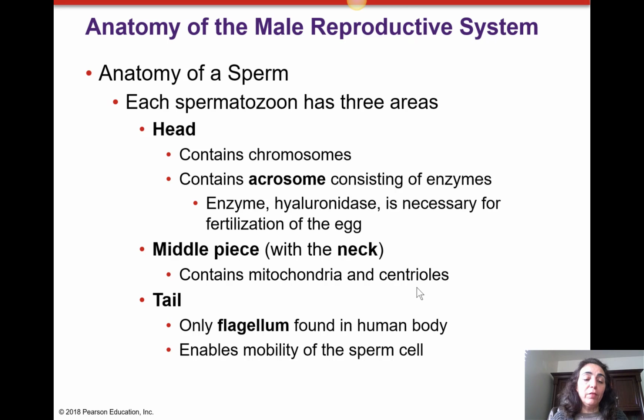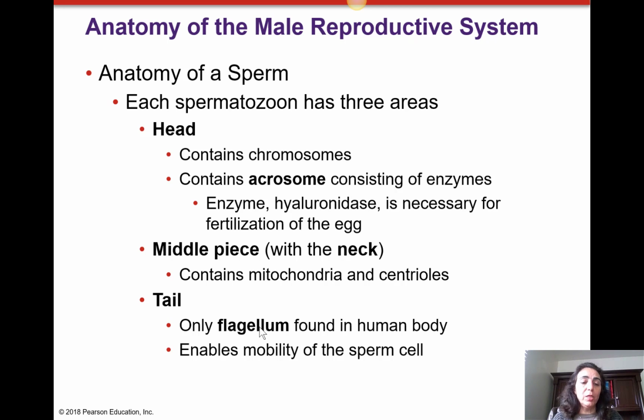And finally, we have the end of the sperm that is called the tail, and it is a flagellum. And that's the only flagellum found in the human body. If you remember from chapter 2, the flagellum is a process at the end that attaches to the cell and helps the whole cell to move, right?